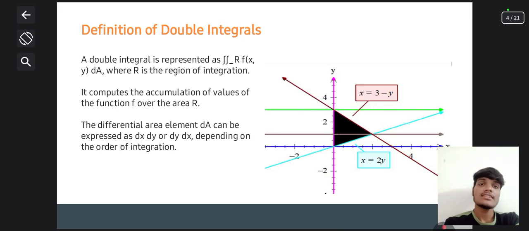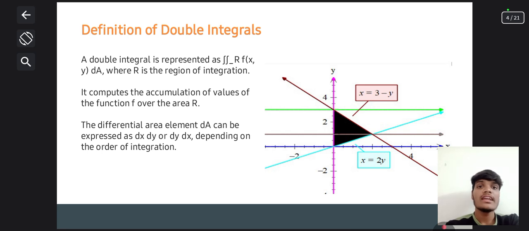Definition of double integrals. Here is a brief definition. A double integral is represented as the double integral over R of f of x comma y, where R is the region of integration, denoted with a capital letter. It computes the accumulation of values of the function f over the area A. Here R is the area and f is the function.